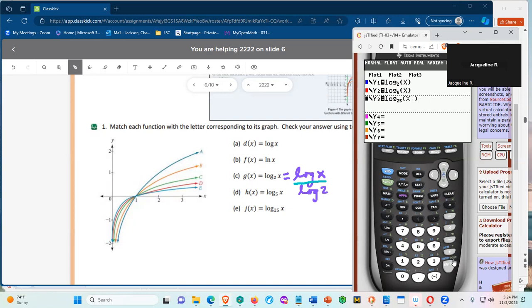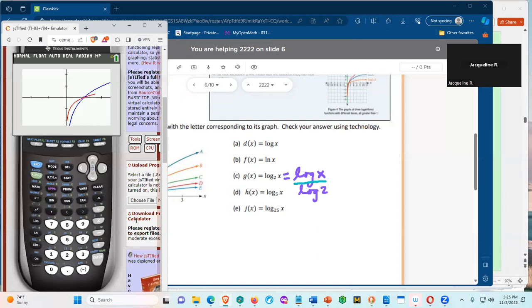Okay, well, first we'll get the log base 2. Now, in a way, these all look the same. But what we can determine is which one comes in above or below the other. The larger the base we have, the more the graph comes in underneath for values of x greater than 1.